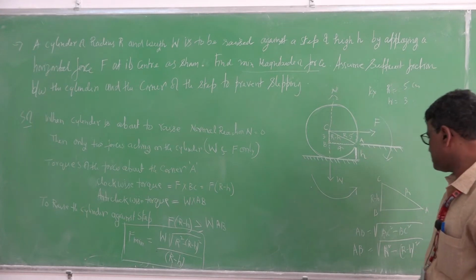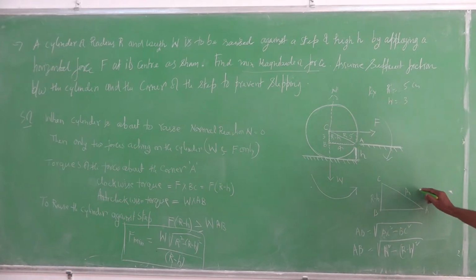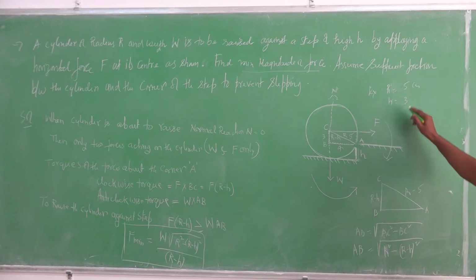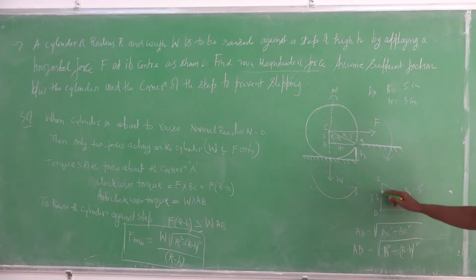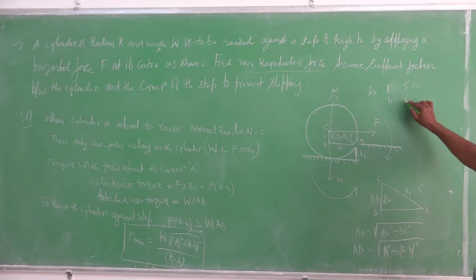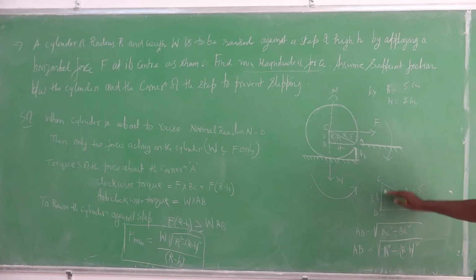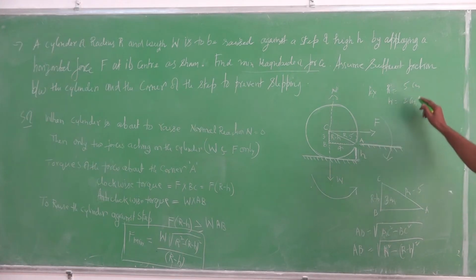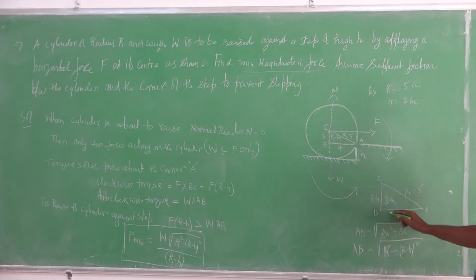By Pythagoras theorem, I assumed R is 5 centimeters and h is 3 centimeters. Then R minus h is 2 centimeters. I take h as 2 centimeters, so this is 3 centimeters. If this is 5 and this is 3, then this will become 4 centimeters.